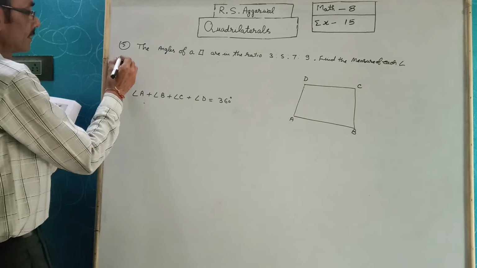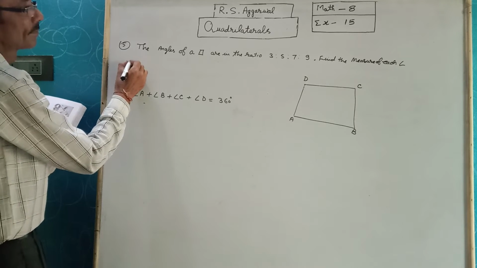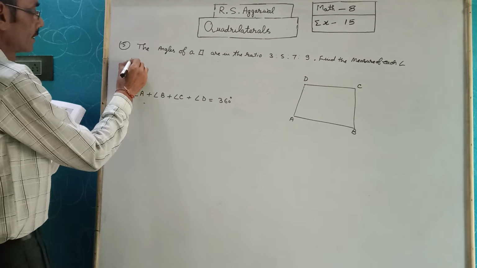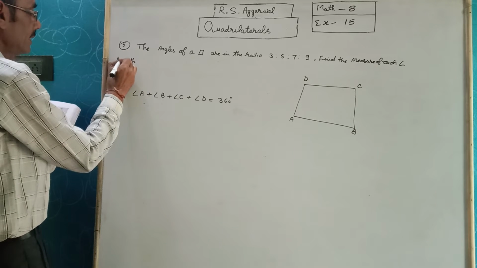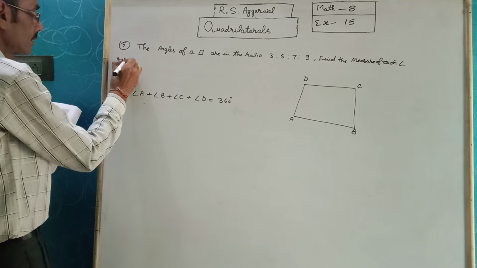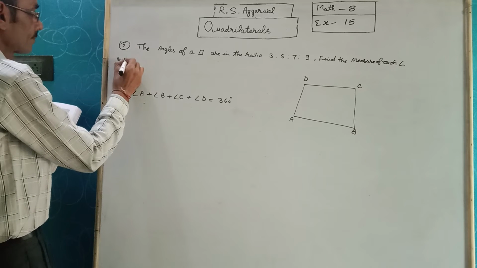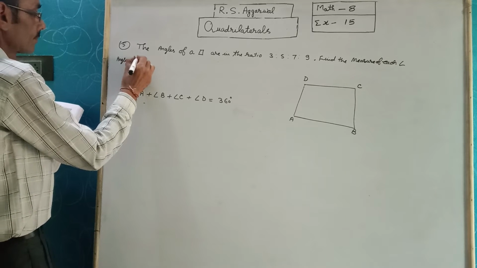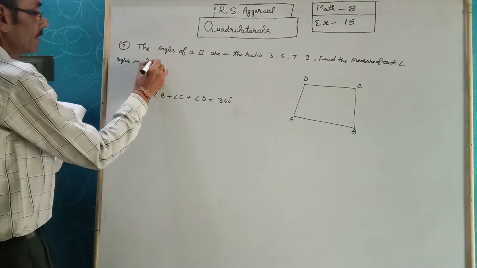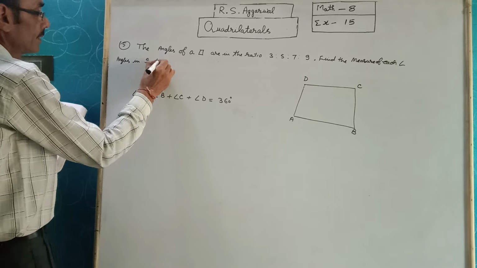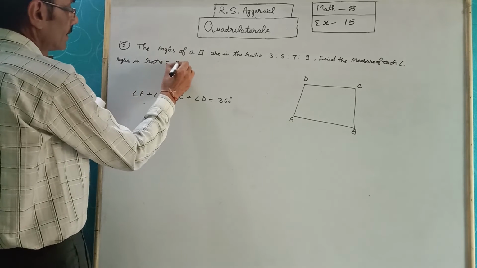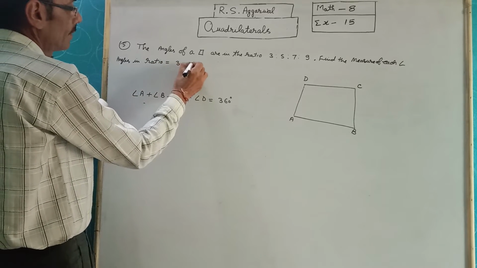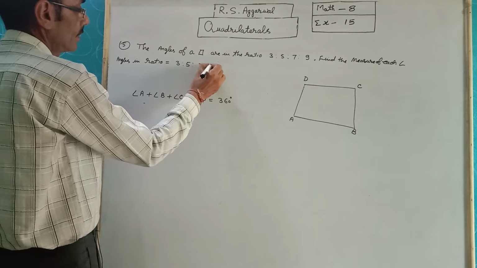At first, the angles are in ratio 3:5:7:9.